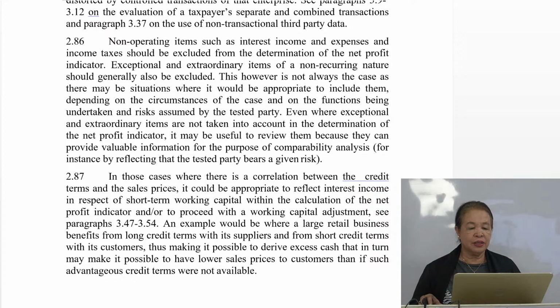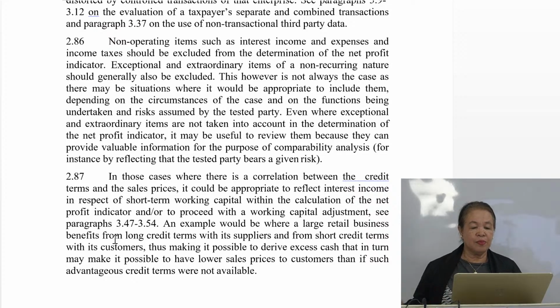So in those cases where there is a correlation between the credit terms and the sales prices, it could be appropriate to reflect interest income in respect of short-term working capital within the calculation of the net profit indicator, and or to proceed with a working capital adjustment. See paragraph 3.47 to 3.54.